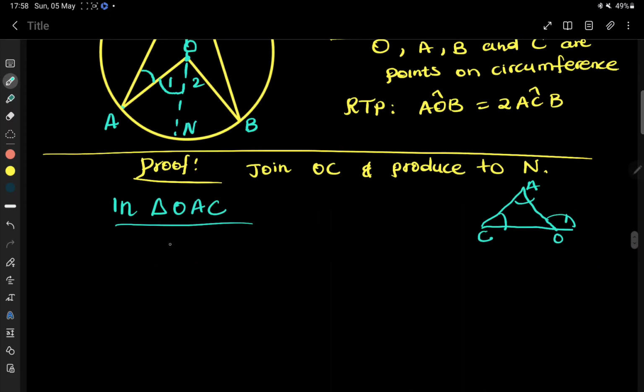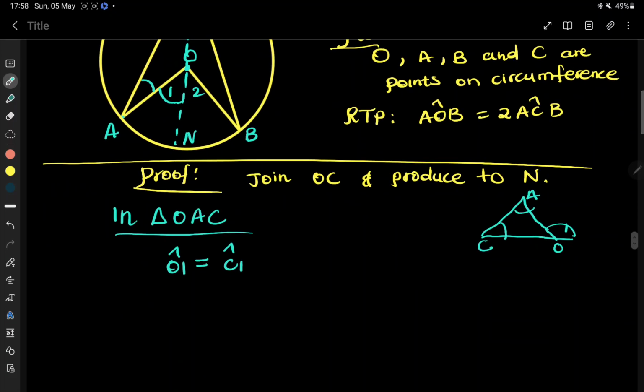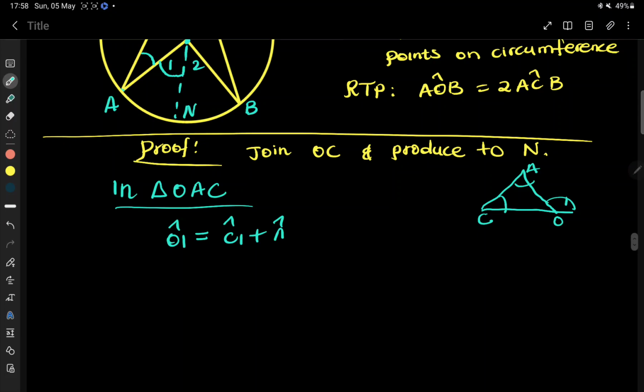So you're going to say angle O1 is equal to angle C1 plus angle A. Reason: exterior angle of a triangle.